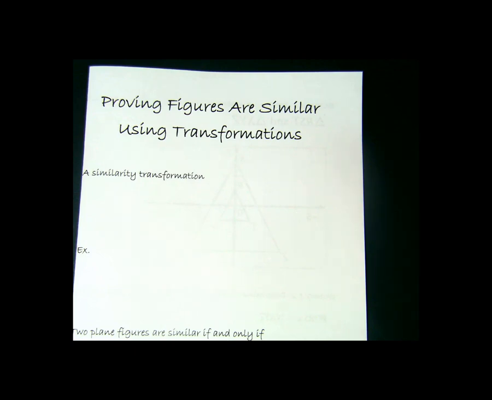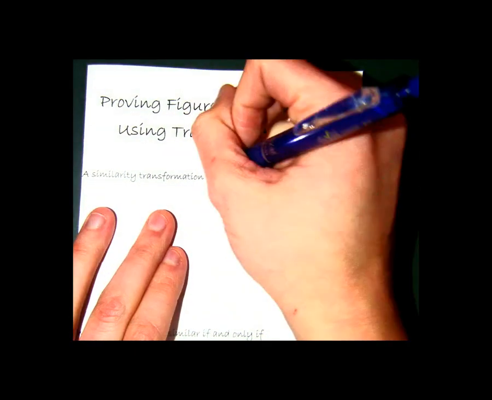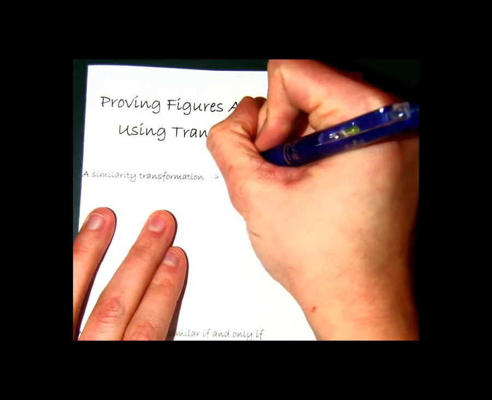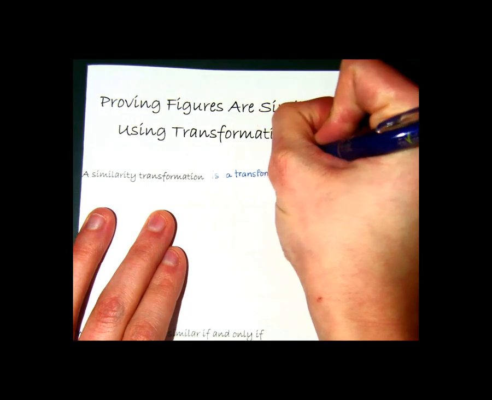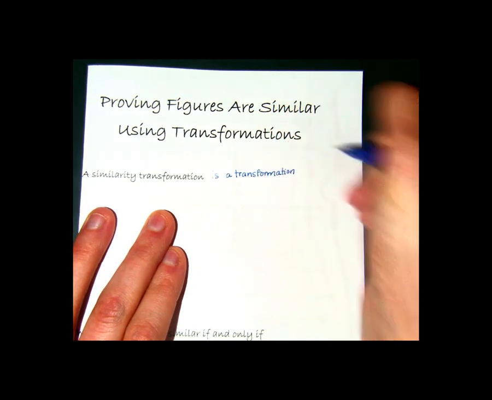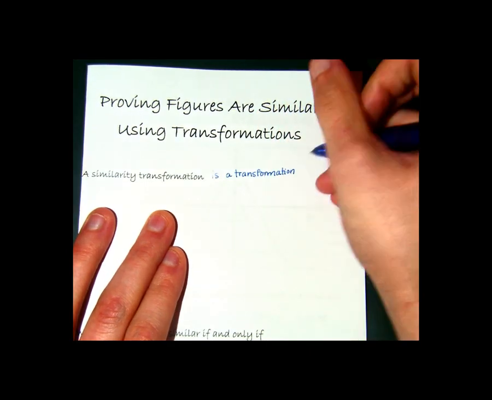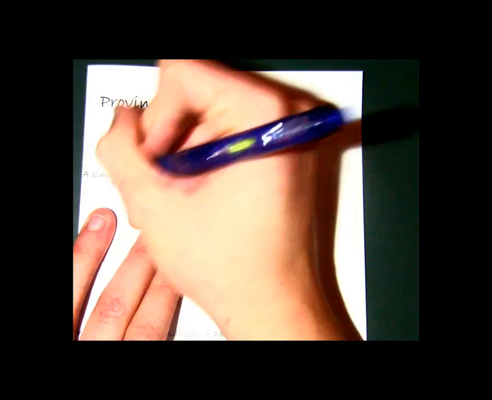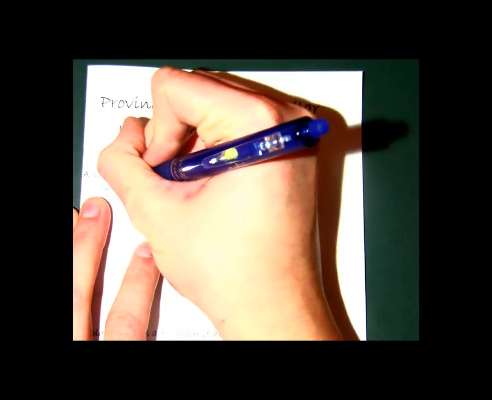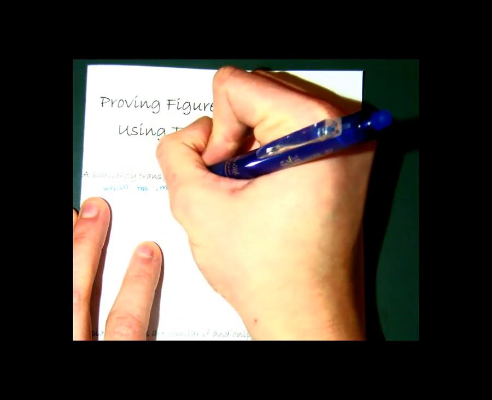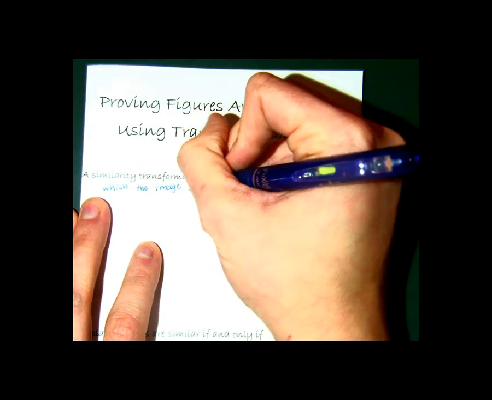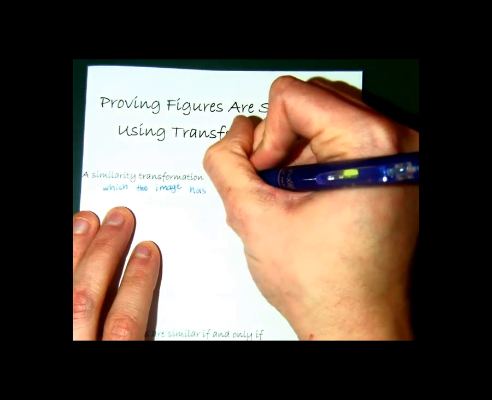So a similarity transformation is a transformation in which the image has the same shape as the preimage.